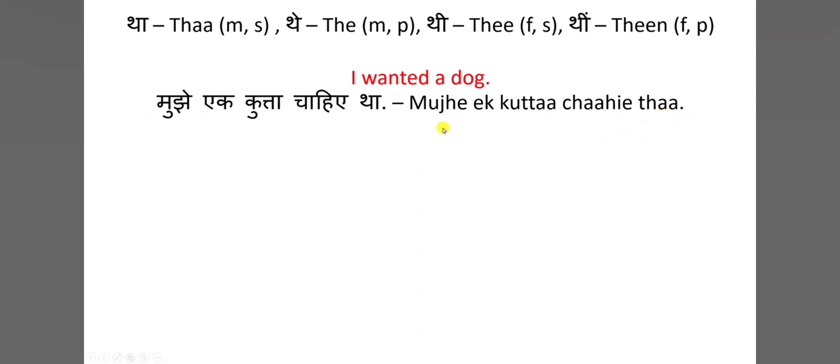Okay? मुझे चाहिए था is I wanted or I did want. Ek is a, kutta is dog. This sentence can be said by a male or a female without any change.